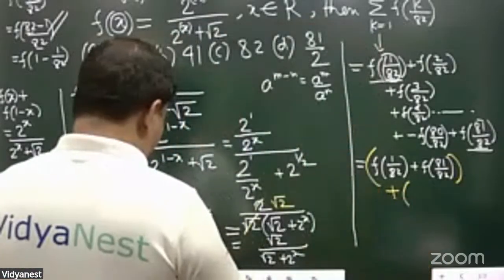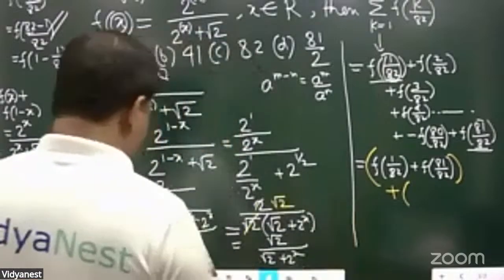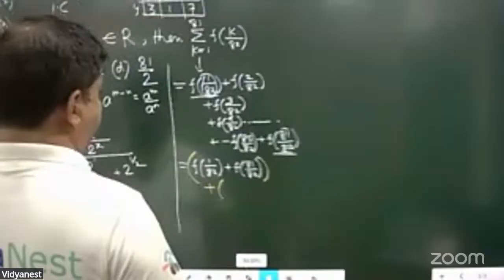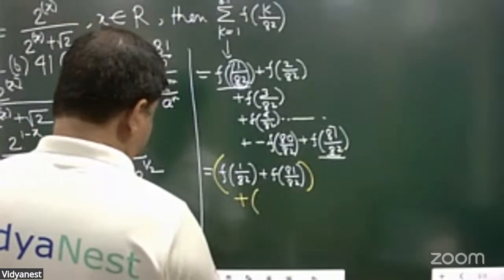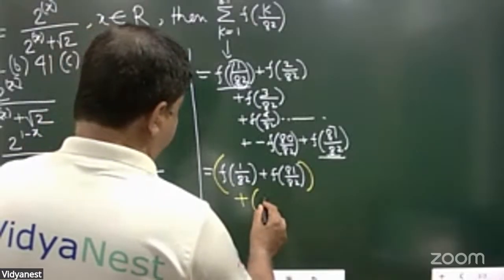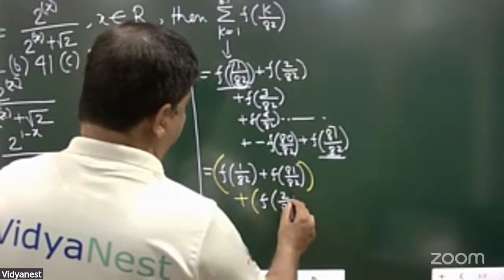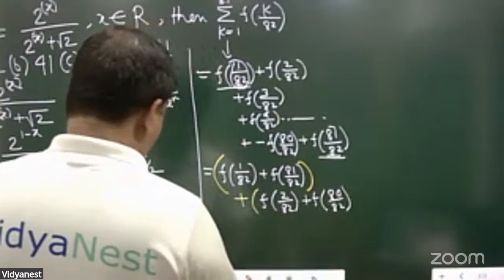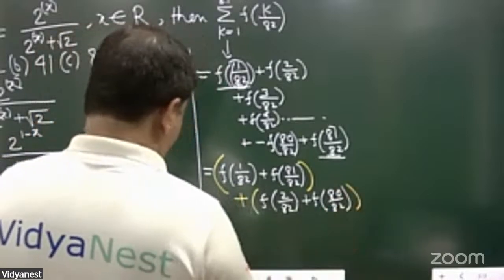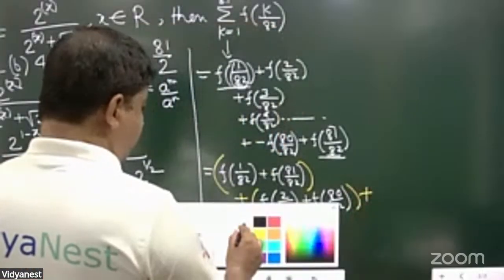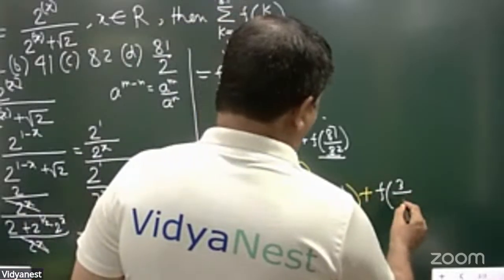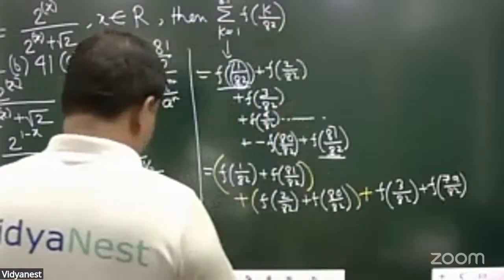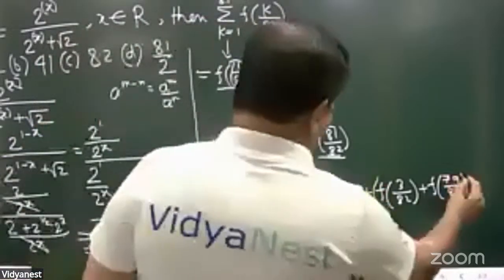plus f(2/82) plus f(80/82), that will frame another group, plus f(3/82) plus f(79/82), another group.